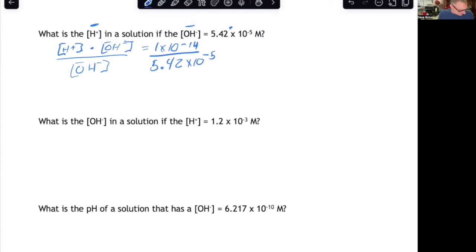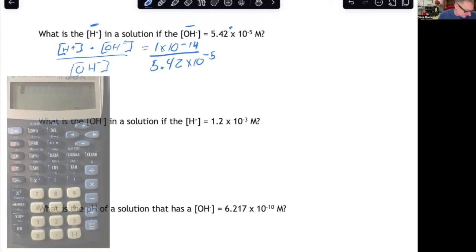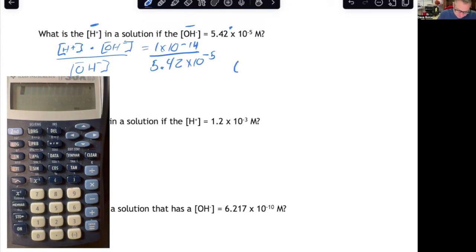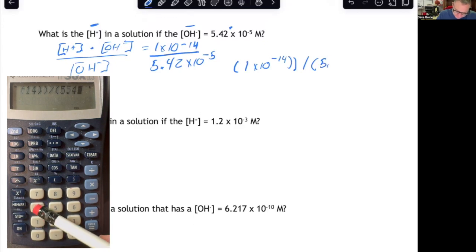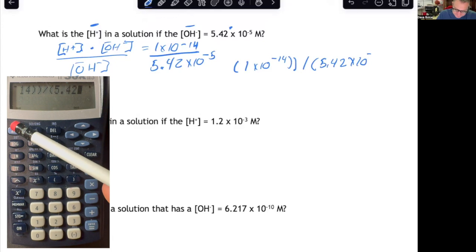Okay, so I am going to put this into my calculator. And if you watch here, I'm going to use a parenthesis, then second log, which brings up the times 10 to the, so times 10 to the -14. And I'm going to double close my parentheses and then divide that by 5.42 times 10 to the -5.